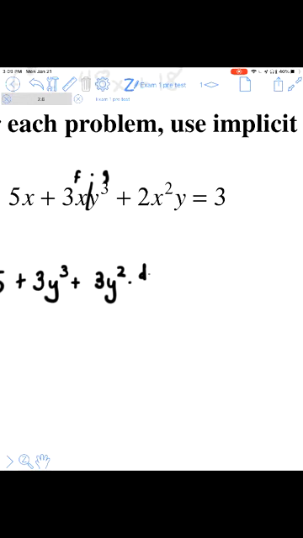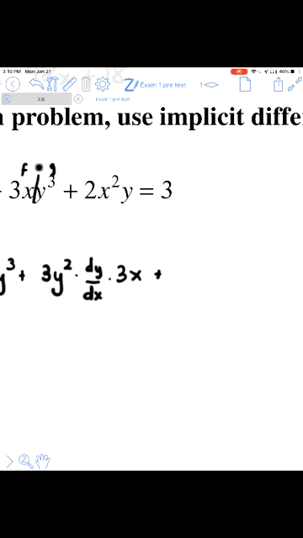Now we need the derivative of the inside function, which is the derivative of y, which is dy dx. That whole thing is g prime, so we just need to multiply by f, which is 3x, to complete the product rule.